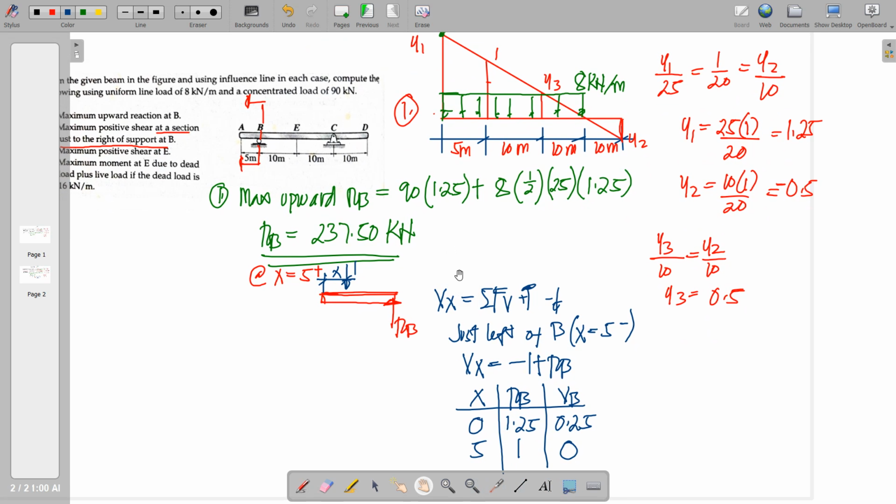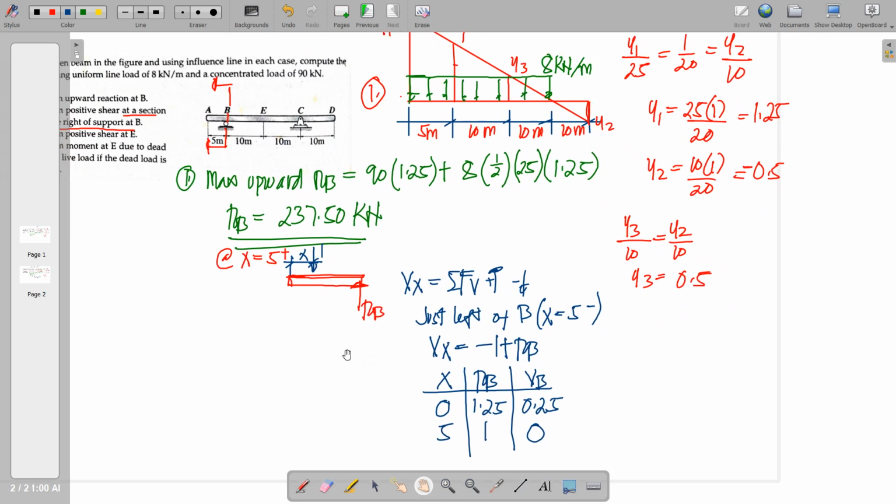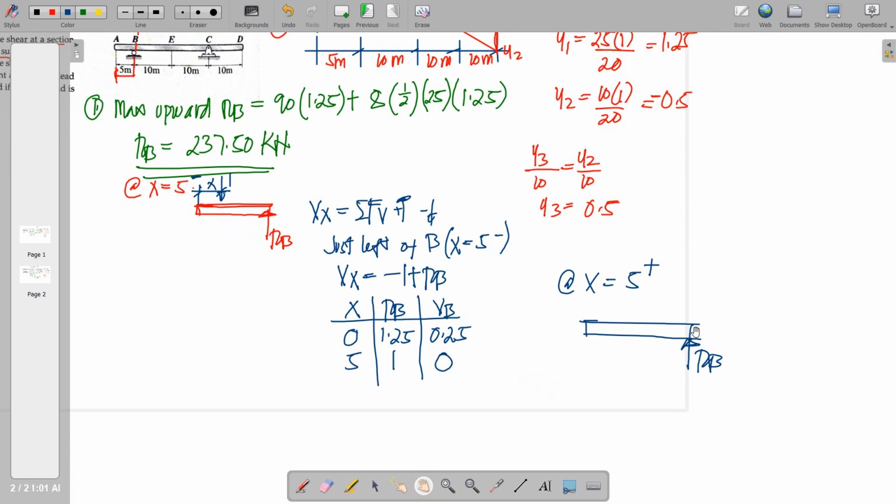Okay, because if we have an equation at x equal to 5 plus, by the way the earlier one is supposedly 5 minus, of course there will still be RB here, but your loading will no longer be present at this cut portion.